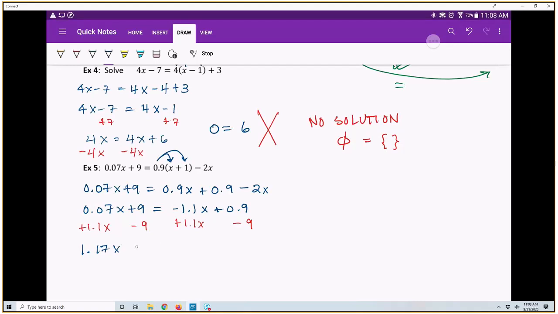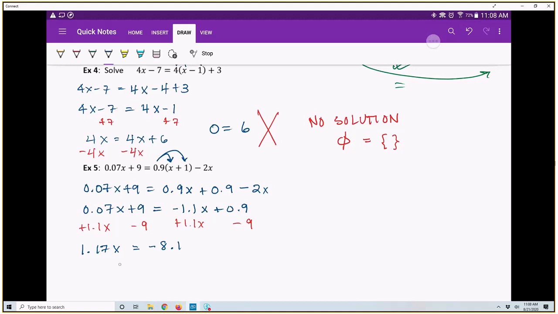Plus 9 and minus 9 cancel. Then I have minus 1.1x and plus 1.1x, they cancel. And I have 0.9 minus 9. So that's minus 8.1. Okay, last thing I want to do, I want to divide by 1.17 on both sides because I know that I need to get x by itself.